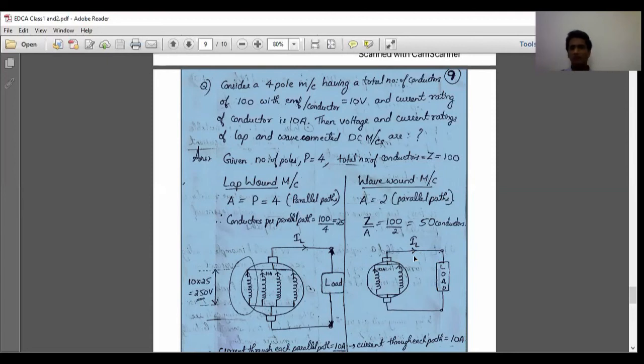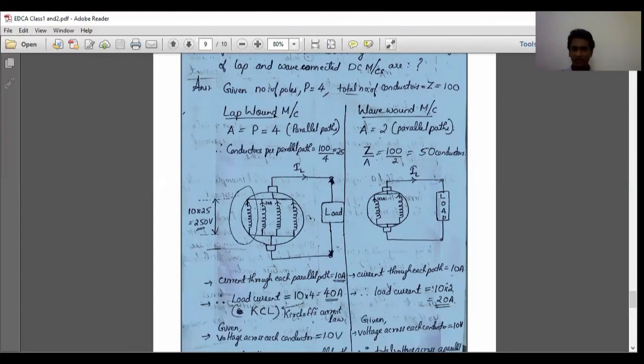Then what about voltage rating? There are 50 conductors per parallel path and each conductor has the voltage rating of 10 volt. 50 conductors means 50 into 10, that's equal to 500 volt coming across this parallel path. Then what is the voltage rating of the machine? 500 volt.